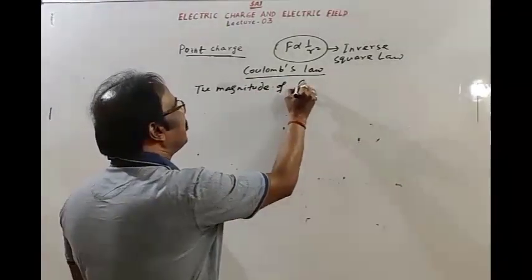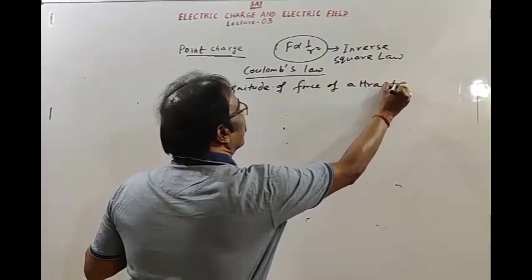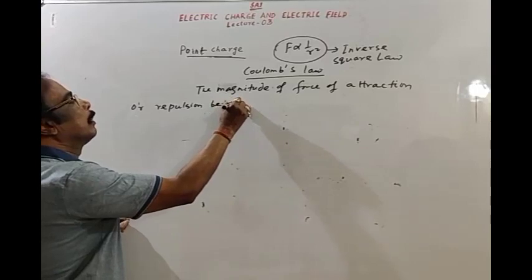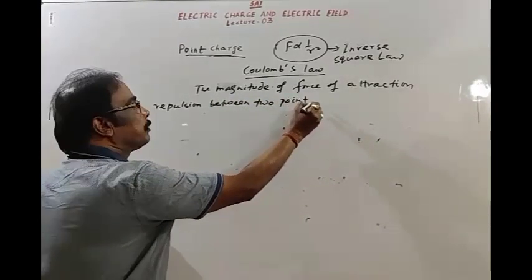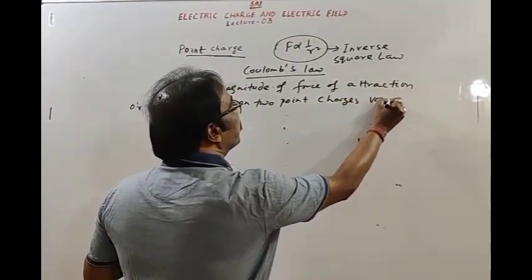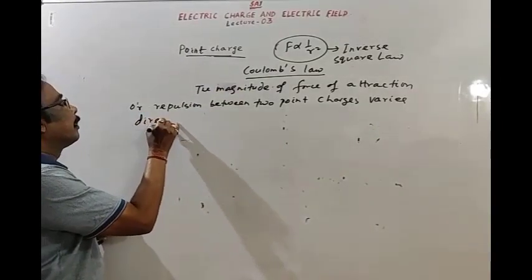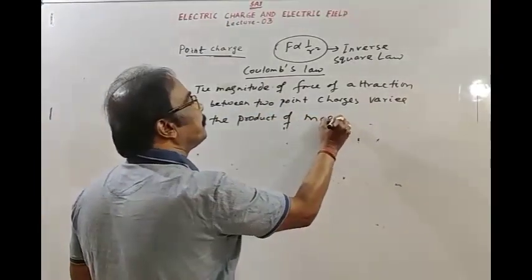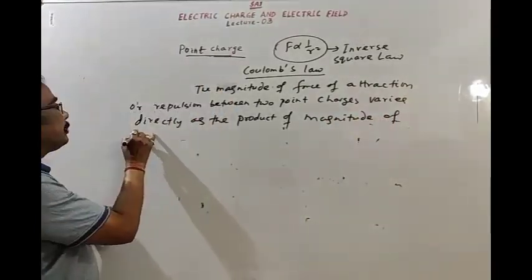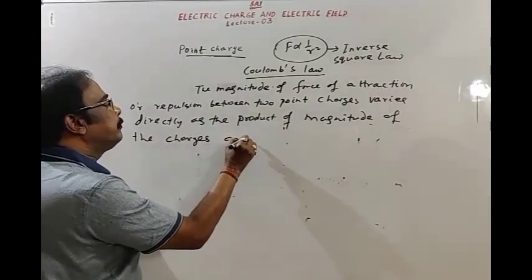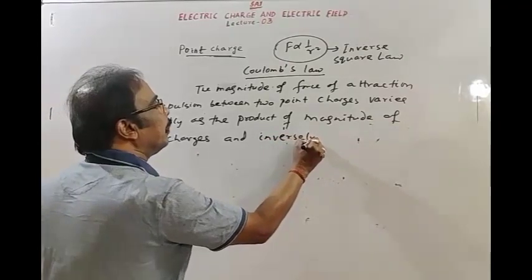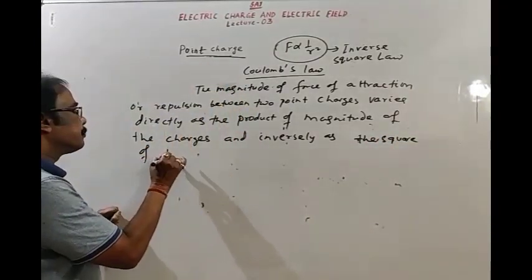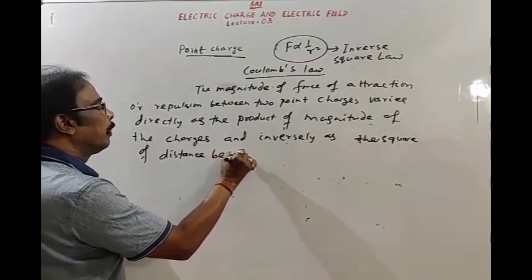The magnitude of force of attraction or repulsion between two point charges varies directly as the product of magnitude of the charges and inversely as the square of distance between them.